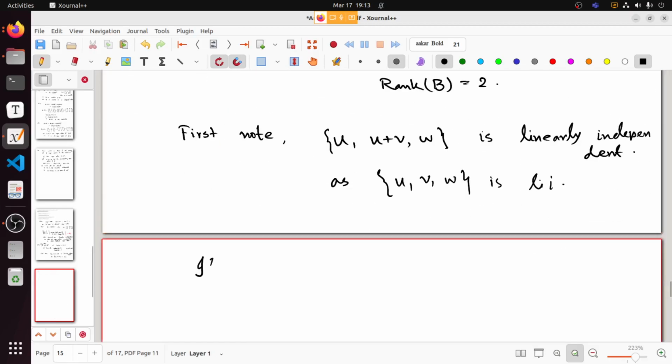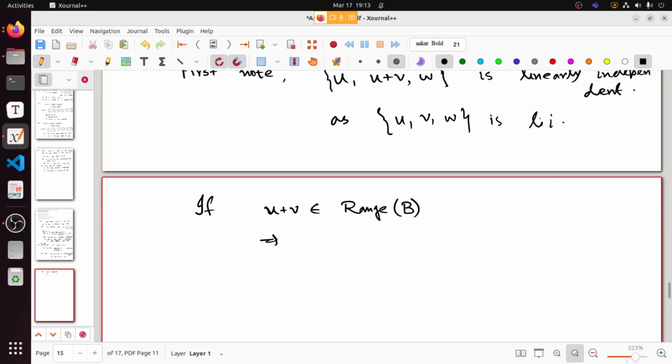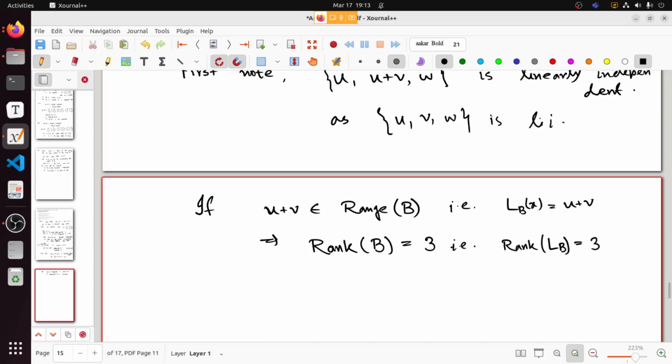So if U plus V is in the range of B, which implies then the rank of B will be 3, right? Which is a contradiction. Means LB of x is U plus V, then the rank of LB is 3, which is a contradiction.